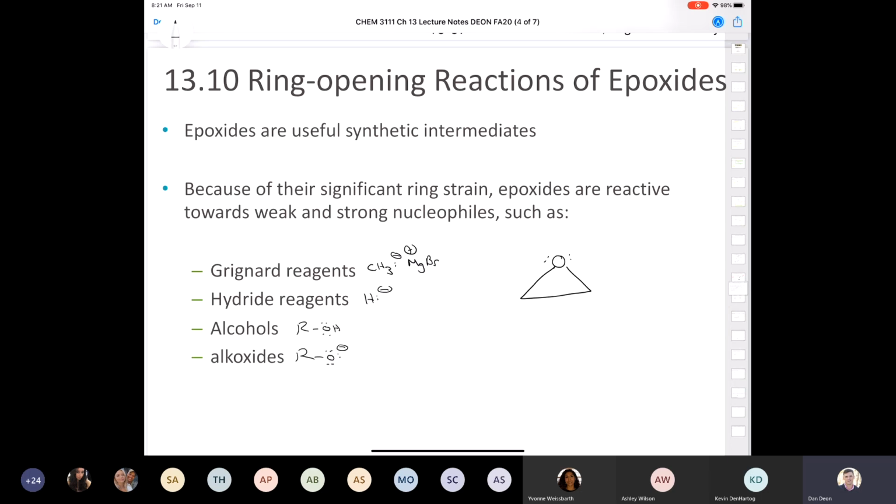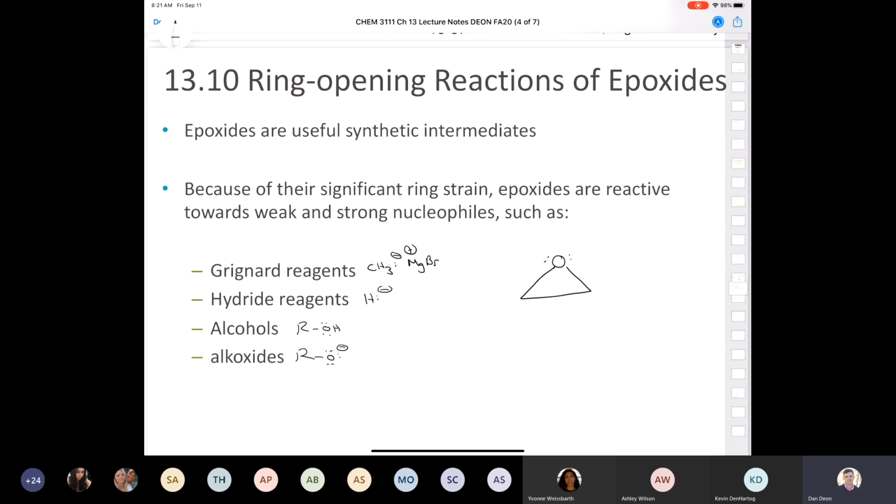So let's see here. It says epoxide ring opening is SN2. So the least hindered carbon is going to be more reactive towards a strong nucleophile. Right? If we were to draw the mechanism for what's happening in this reaction, I'll redraw the epoxide so you don't have that green square there. Okay, what's happening is your nucleophile is going to attack the least hindered carbon like that, and it's going to open up the ring like this.